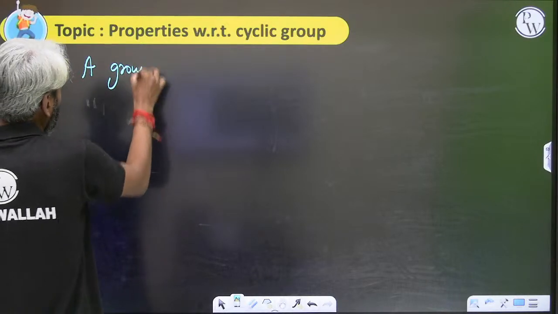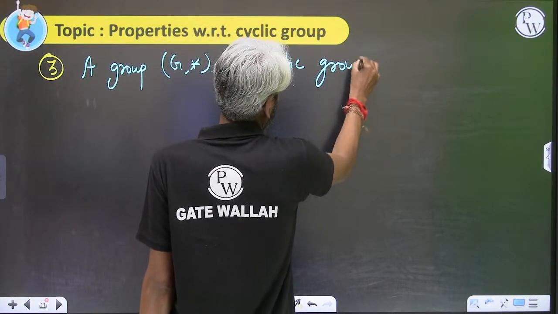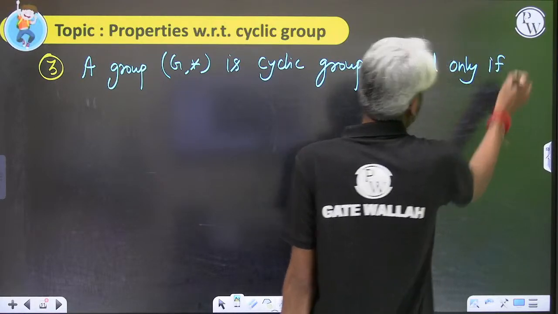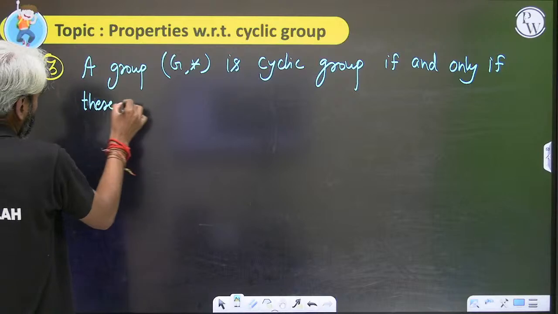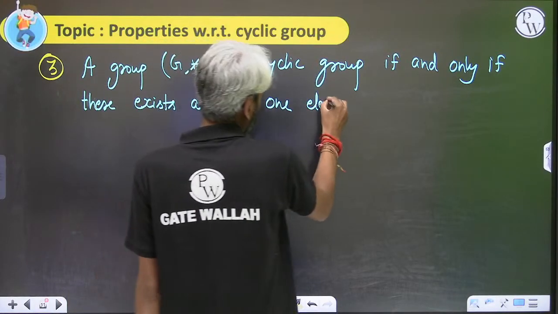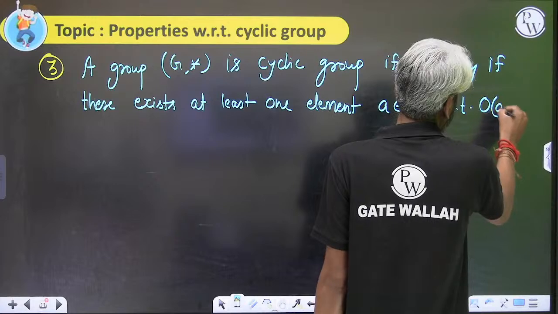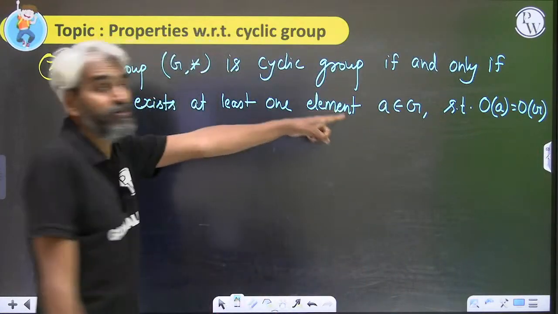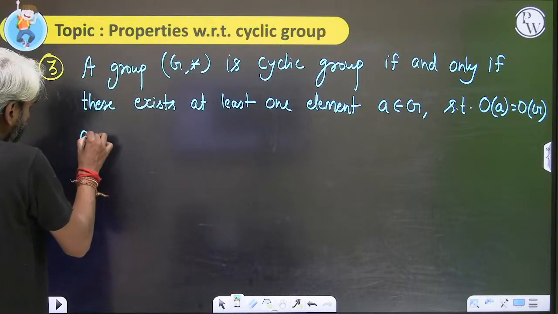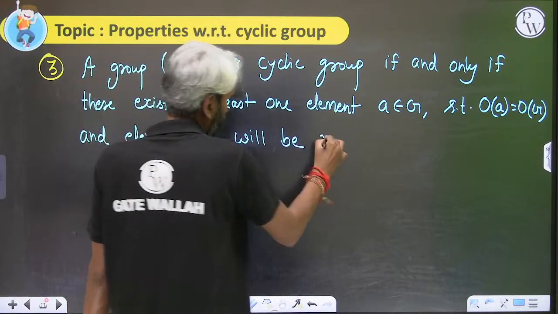A group (G, *) is a cyclic group if and only if there exists at least one element A belonging to set G such that order of A is equal to order of G. So if there exists at least one element in the set whose order is same as the order of the group, then it is guaranteed that the group will be a cyclic group, and element A will be generator of that cyclic group.